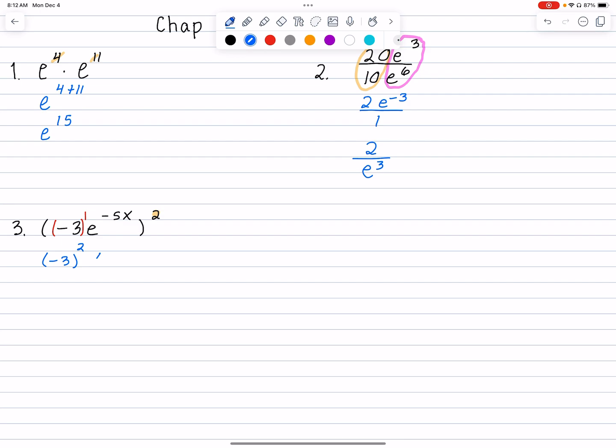And then I'm going to get e to the negative 5x, and I'm going to multiply it to that power. So when I'm finished, I'm going to get 9 e to the negative 10x. Again, what was done here was I took the power on the outside and multiplied it to each of the powers on the inside.